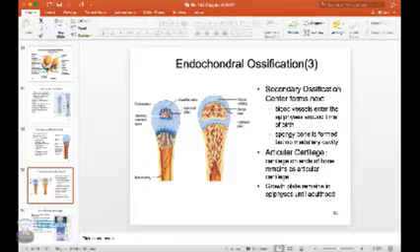We're going to keep the spongy bone in the epiphysis, and as it expands out, later we're going to form the compact bone on the edge, but we're always going to do spongy bone first. And the advantage of doing a primary and then a secondary ossification center is that it allows us to have that articular cartilage preserved on the end, as well as the epiphyseal plate of cartilage preserved in between the diaphysis and the epiphysis.